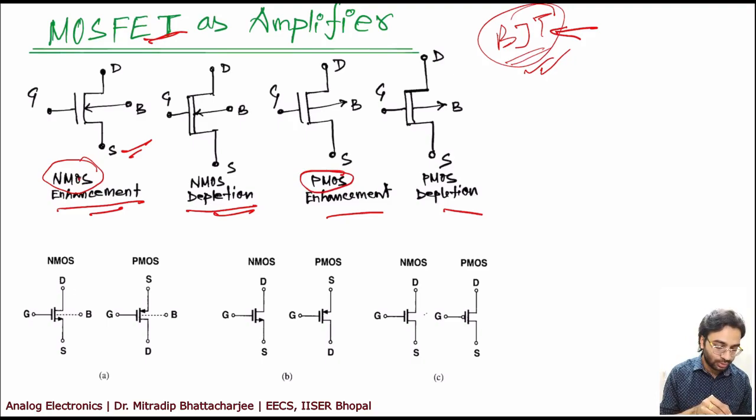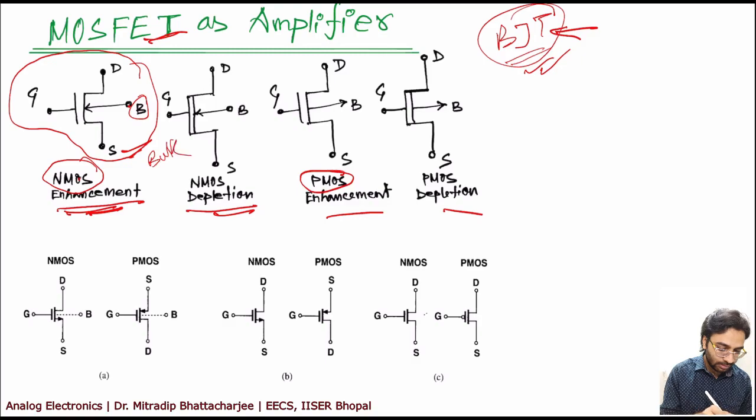One is NMOS enhancement type, which is symbolized as this, where B means bulk, or someone may say it's substrate. So this arrow symbol is towards inside the MOS. Then you have depletion.